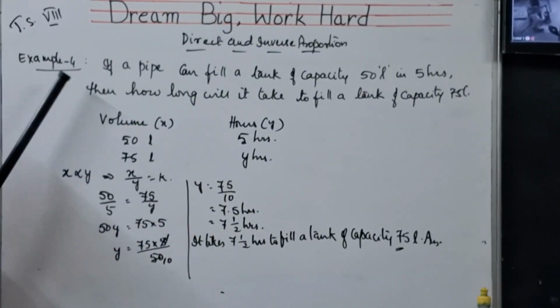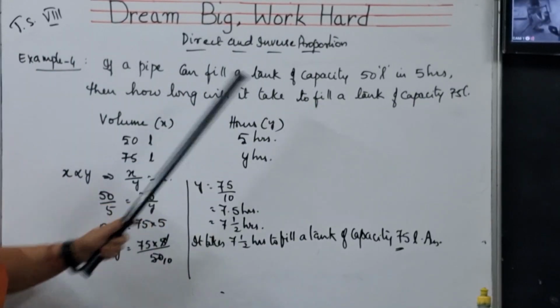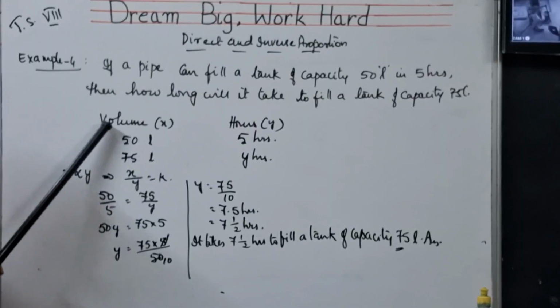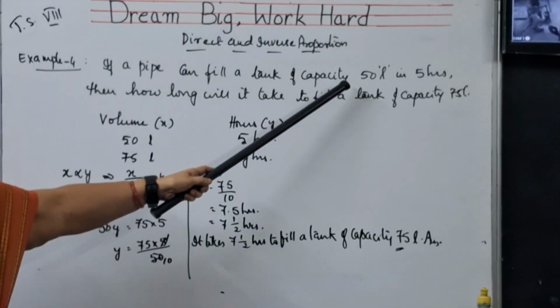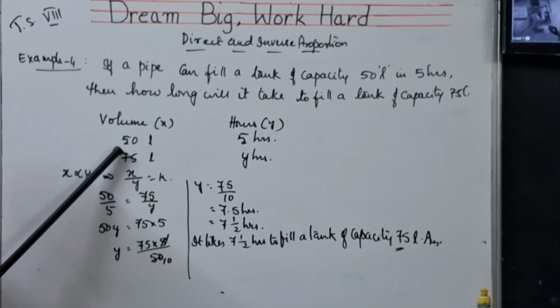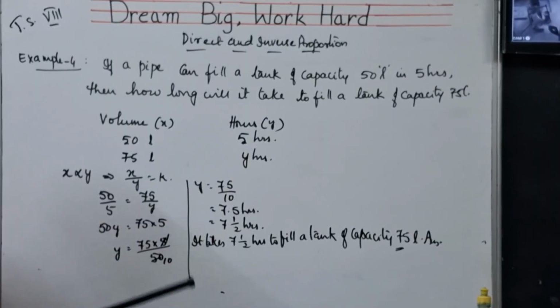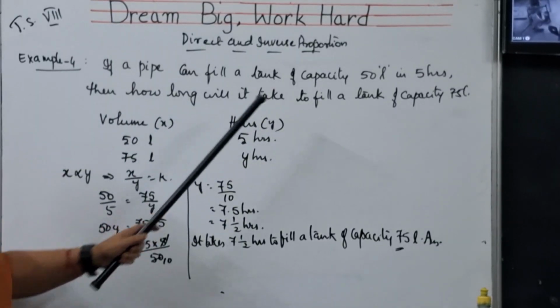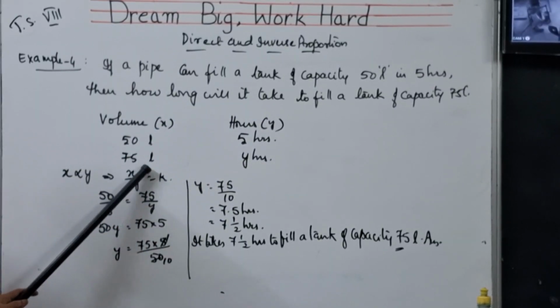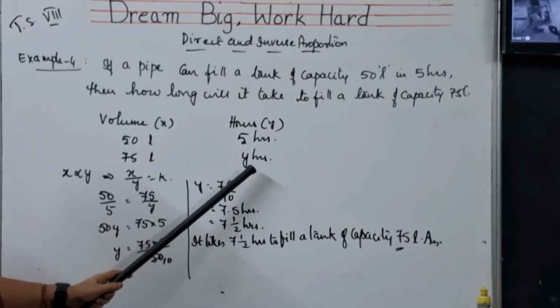So children, the problem is a pipe can fill a tank of capacity, capacity here it is volume, 50 liters in 5 hours. 50 liters, it takes 5 hours to fill. How long will it take to fill a tank of 75 liters? 75 liters, how many hours?